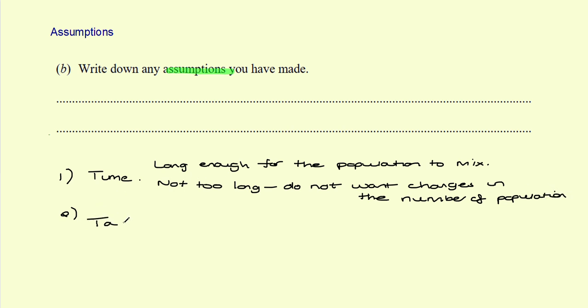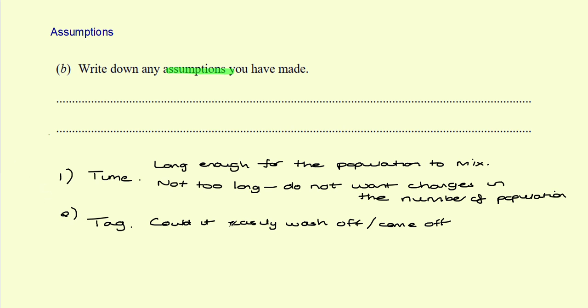The second thing to consider is the tag, okay? Could it easily come off? Could it easily wash off? And also, does it make it more susceptible to be got by a predator? So if you put a fluorescent tag on a type of animal that's going to try and hide in order to make sure it's not being eaten by the predator, then therefore it's going to increase the chances of it being eaten, and that's going to affect our results, isn't it?